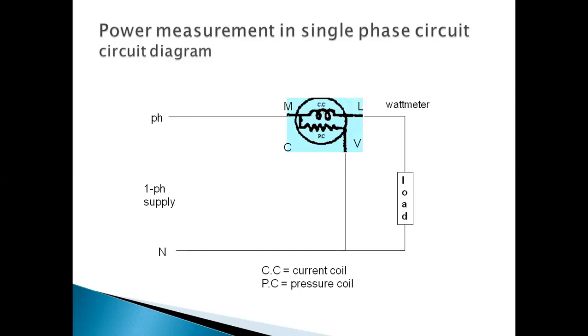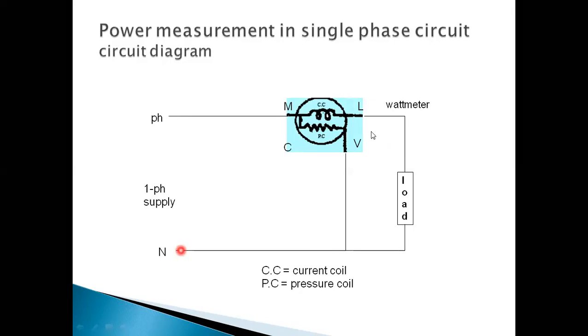A wattmeter will have 4 terminals as shown in the figure. As you can see, this is phase, this is neutral. The load is to be connected in this fashion, but in between, to measure the single phase power, we have a wattmeter placed.